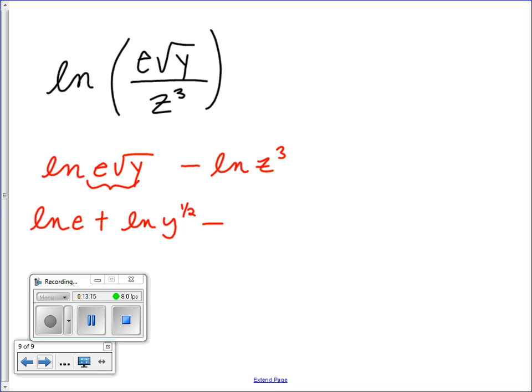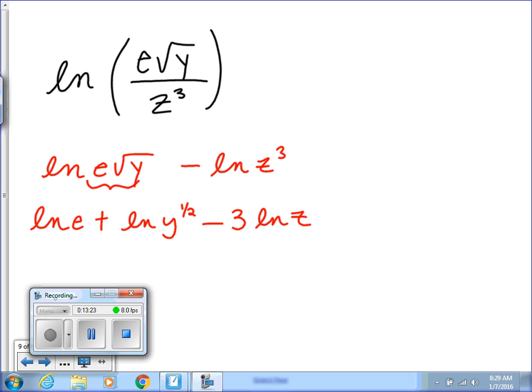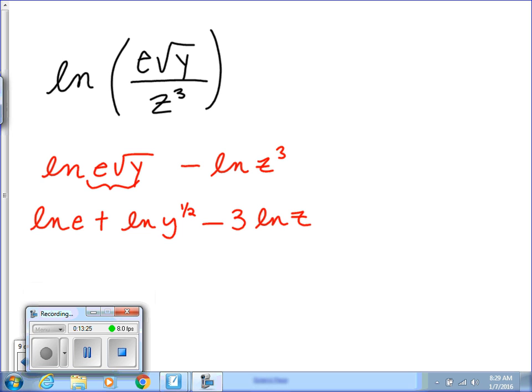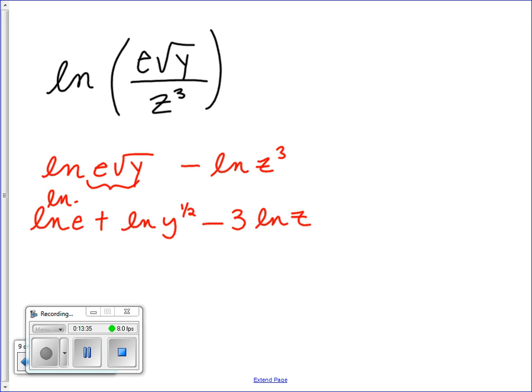Anything over here? Yep. Does anybody remember the base of natural log? That's common log. Natural log's base is e. So what we're looking at is that. Remember from your basic properties yesterday what that equals?